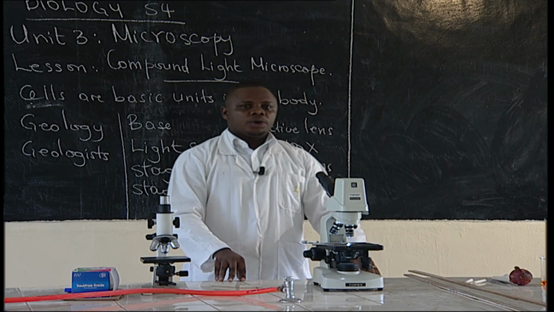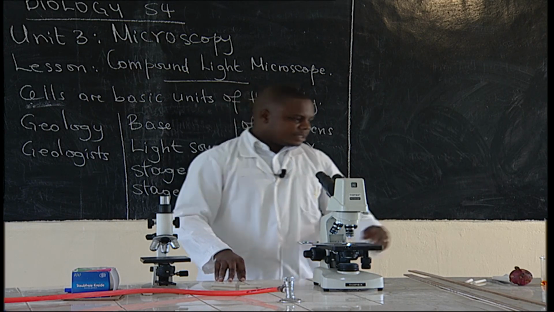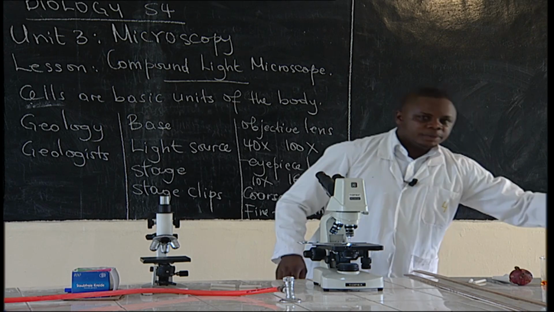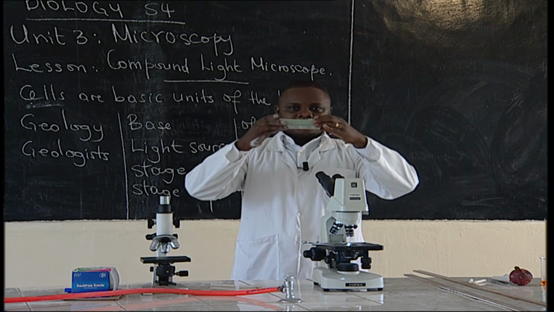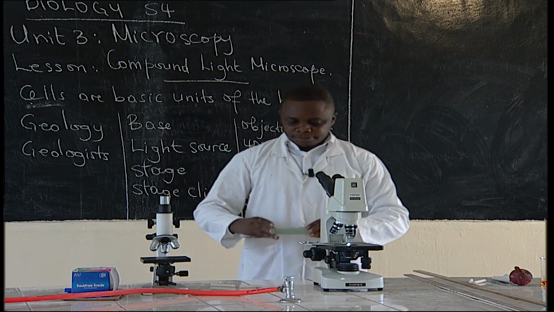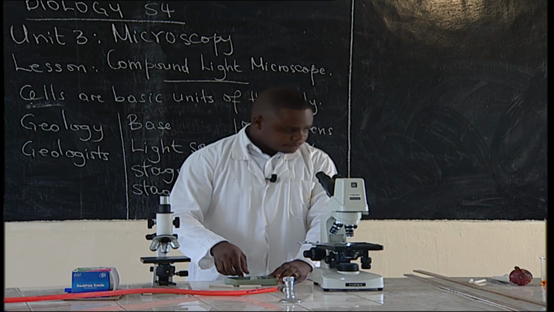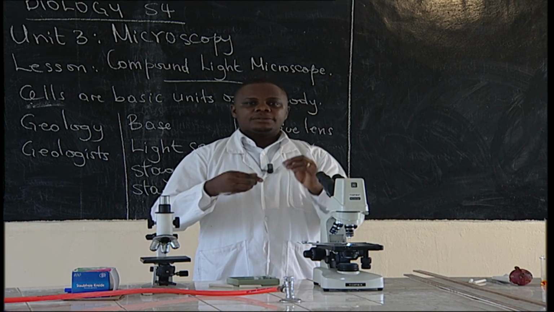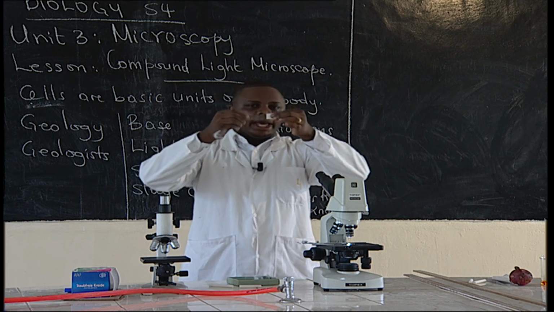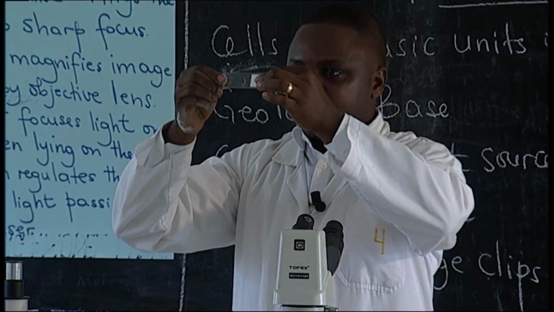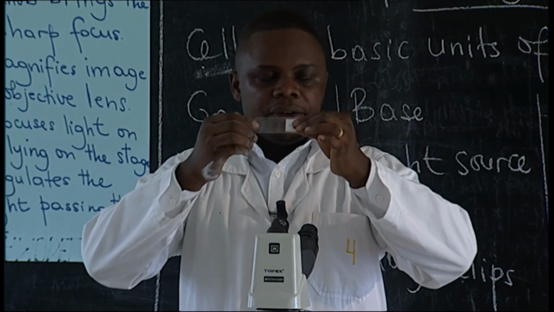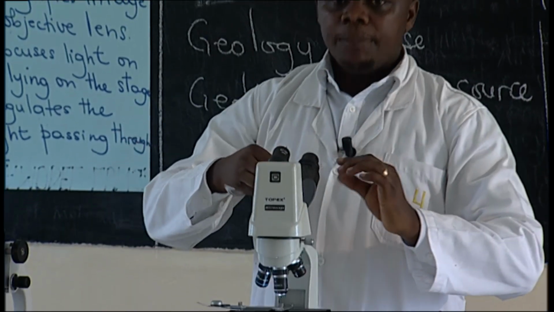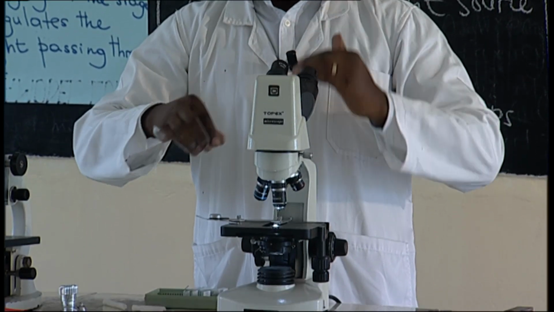sometimes we have what we call prepared slides. That means those are slides which have been prepared by other scientists. We can observe them. Like here, I have a prepared red blood cell. I can put it on top of the stage of the microscope.